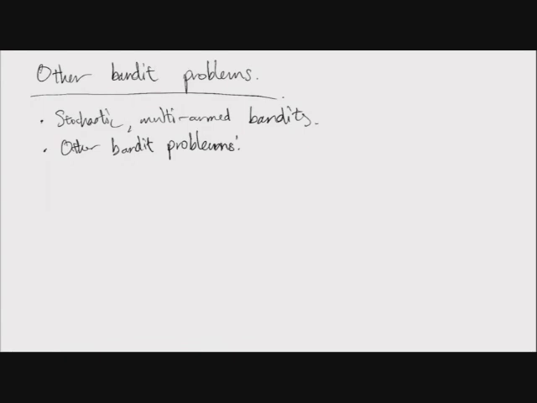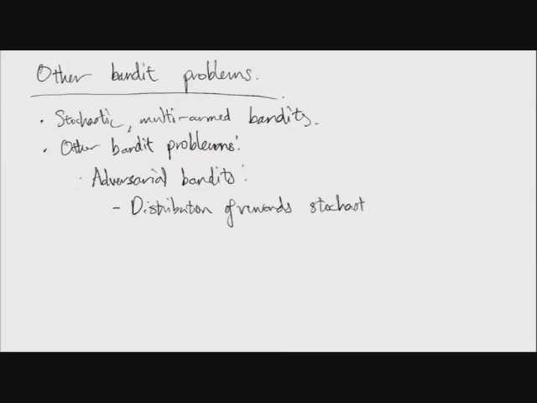Okay, so here goes. The first other type of bandit problem is called an adversarial bandit problem, or just adversarial bandits. This is where we assume that the distribution of rewards is not stochastic, which was the assumption for stochastic multi-armed bandits, but instead it can be anything, it can be arbitrary.